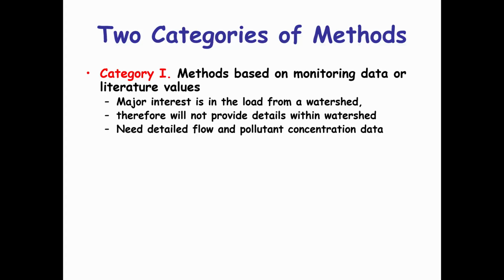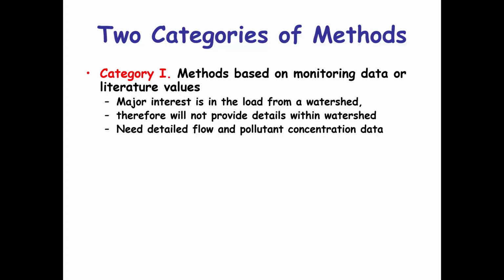So it's a bit more difficult to directly pinpoint a pollution source. It does not mean that with these methods you wouldn't be able to use other logical approaches to be able to find out where in a watershed most of the load is coming from.